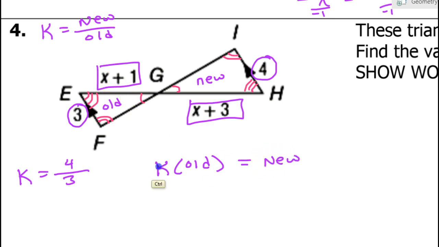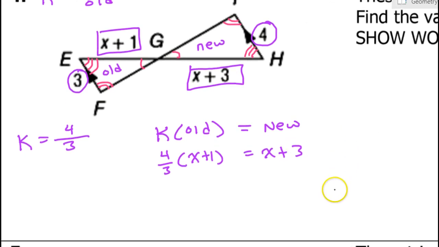So in this case, if I take my scale factor and multiply it by the old side, x plus 1, that should give me the new side, x plus 3. So it's just a matter of solving this equation.